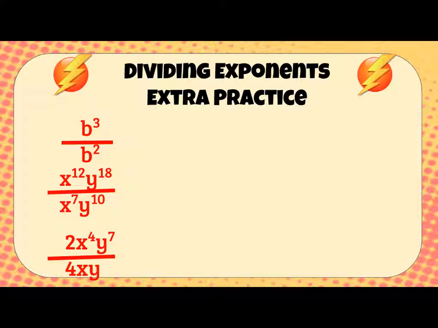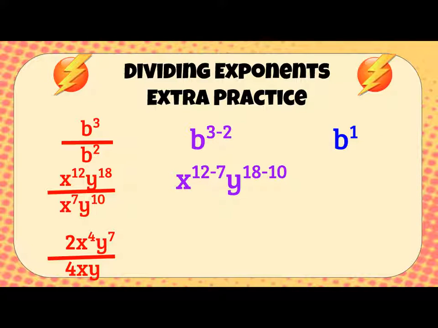So here are the answers. b to the 3 minus 2 gives me b to the first power, or just b. You don't have to write it to the first power. These ones, we're just looking for ones that have the same bases. So x to the 12 minus 7 and y to the 18 minus 10. It looks like that. Okay, so we would be left with 5 x's and 8 y's that didn't cancel out.